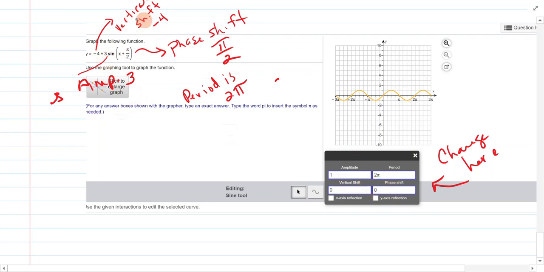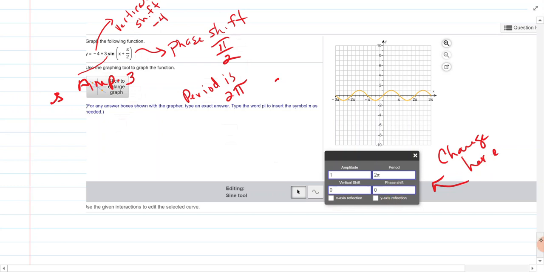This -4 was the vertical shift. I think I said that wrong a minute ago. So amplitude is 3. The vertical shift is going to be -4. 2 pi there. The phase shift is going to be pi over 2 units to the left. And when you click in here, you would get a way to change these numbers, and you can type pi for pi.